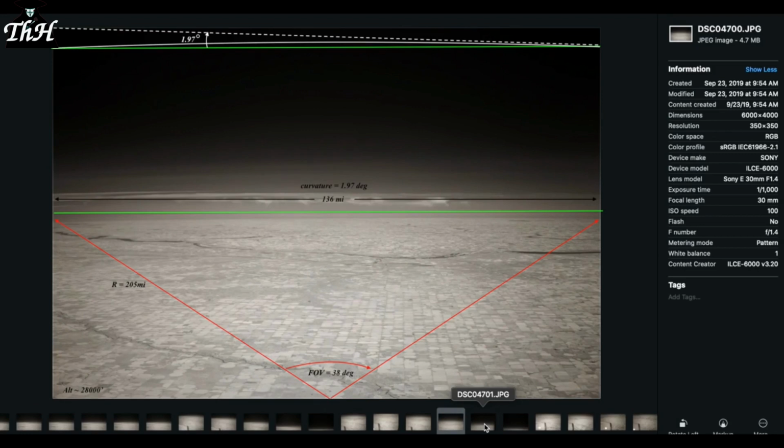So then we can calculate what the visible horizon length is. And that came out to 136 miles. Okay? Now on a globe, 136 miles produces a curvature of 1.97 degrees.